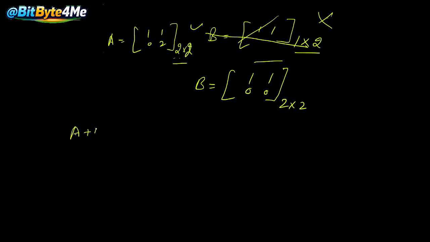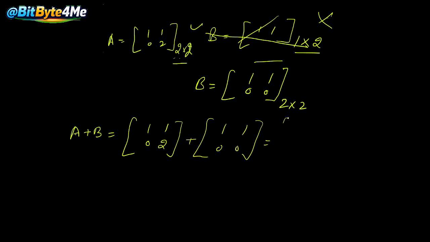A plus B is equal to [1 1; 0 2] plus [1 1; 0 0]. The first element is added to the first: 1 plus 1, which is 2.